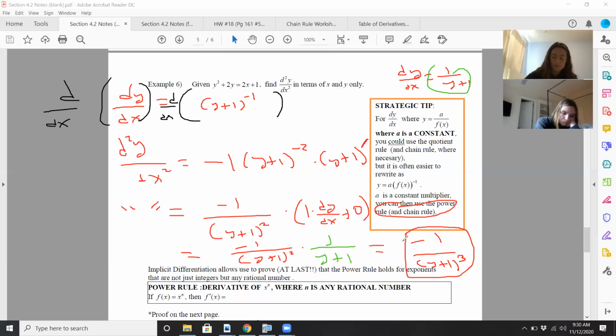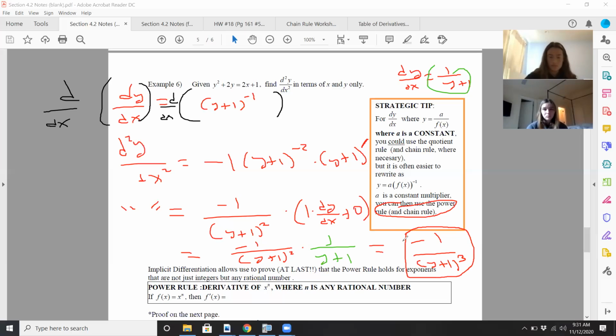This is definitely a little more advanced of an implicit differentiation problem. This is something the College Board has done lately on the AP exam, regardless of whether it's in person or on the internet, which they did last school year. I'm almost certain they're going to ask this question.